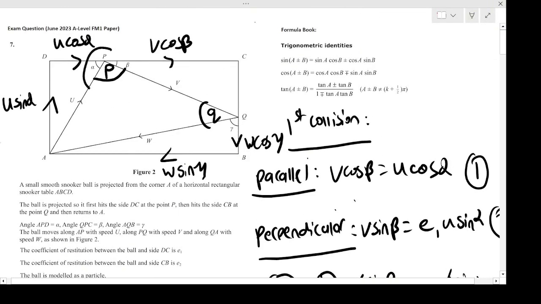Well, actually, look at where the angles are. They're at points P and Q. Well, look. Hopefully you can see here at P that all these angles are on a line. So all the angles here, alpha and P and beta, have to add up to 180, right?